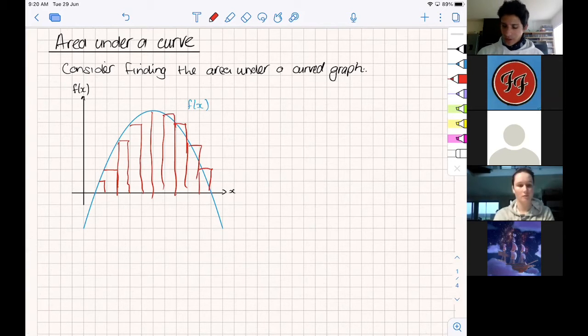And you can see that if I had to work out the sum of all these rectangles, their height would just be the y value. All right, you can see that the graph here is f of x. So their height would be f of x, right? And this little width here would just be, well, whatever change in x I want. I could specify what I want.